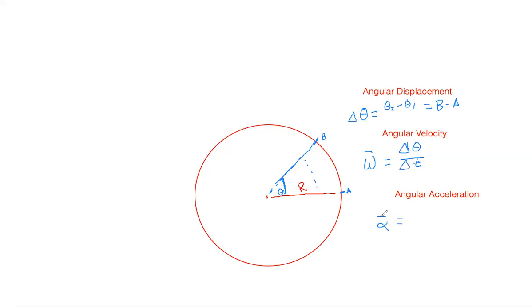But if I say angular acceleration, which is alpha, this is omega, and this is theta. So angular displacement, angular velocity, angular acceleration, important ideas. It looks like a little fish.